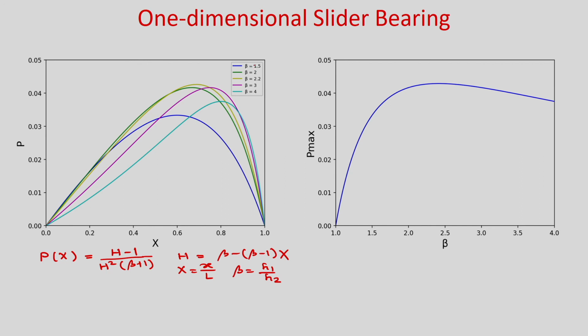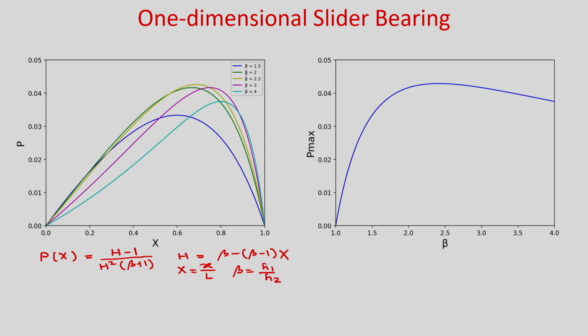If beta is equal to 1, obviously this will be parallel surfaces, so P minus P naught will be 0. For beta equal to 1.5, you can see the blue color: the pressure increases along x, reaches one maximum point, then again decreases and becomes 0 at the exit.